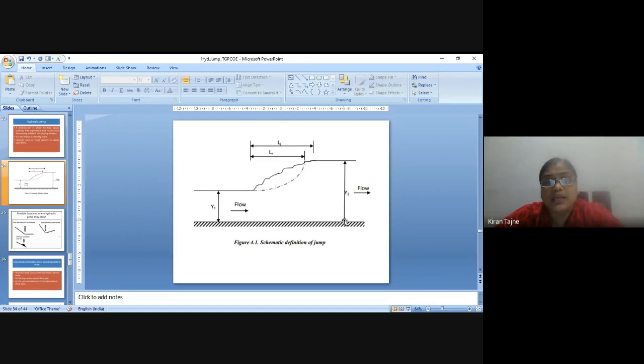Here you can see the flow changes from supercritical to subcritical. L1 is known as the length of the jump, and there are two depths, y1 and y2. y1 is the depth of supercritical flow and y2 is the depth of subcritical flow. Here the depth of flow abruptly changes, therefore it is known as a hydraulic jump.